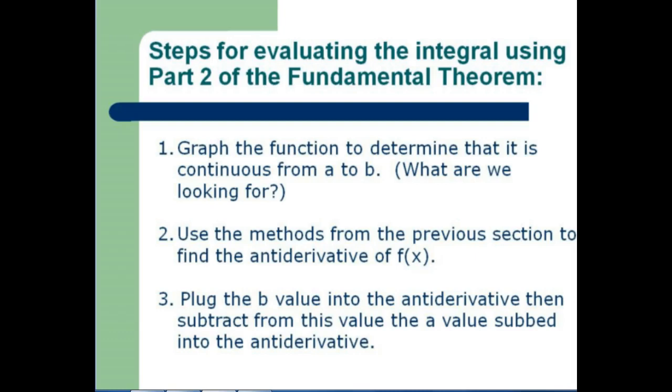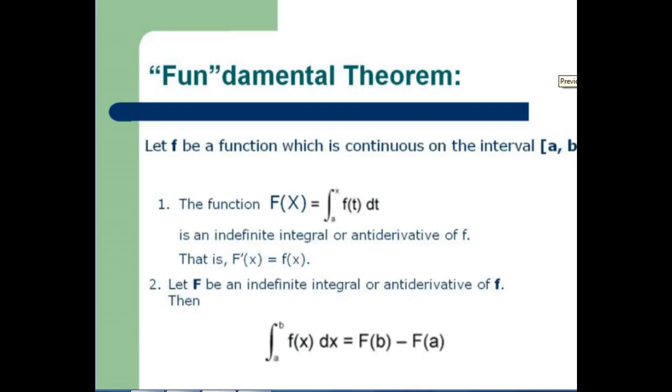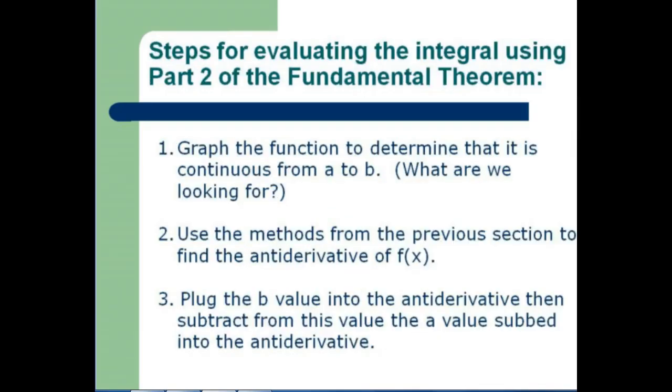So for part 2 of FTC, what you would essentially do is start by graphing your function to determine continuity. A big part of the definition is that the original function, f of x, must be continuous on the interval. If you do not have continuity, then you do not have an antiderivative. Then use the methods from the previous section, 5.3, to find antiderivatives.